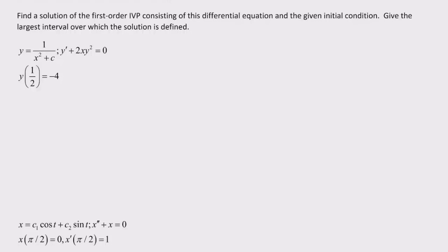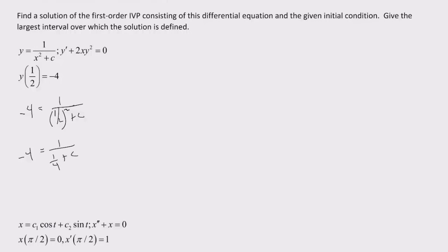So let's see if we can find a value of c that would satisfy that initial point. When y is -4, we get -4 equals 1 over 1/2 squared plus c, so -4 equals 1 over 1/4 plus c.